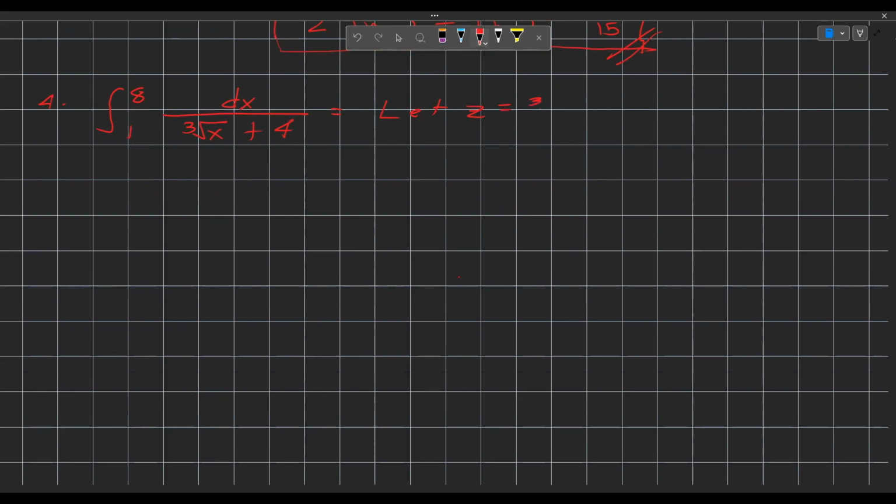to the cube root of x, and where x is equal to z cubed. Since if we raise both sides to 3, the cube root will cancel and this will become z cubed. So we can solve for the value of dx, and by the general power rule, this will become 3z squared dz.